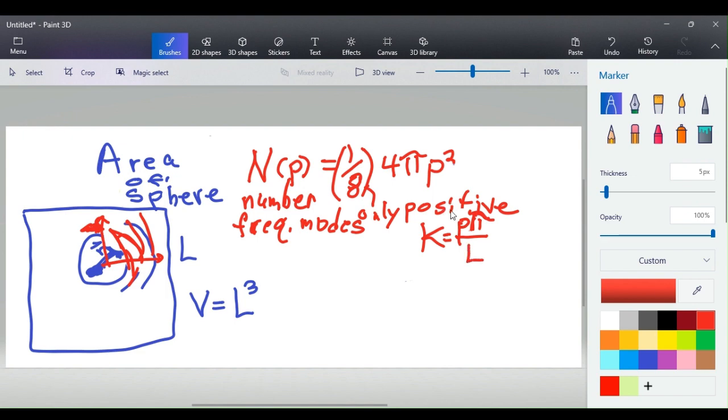Let's see if that makes some sense. All right, let's try to relate this to this squared value up here.